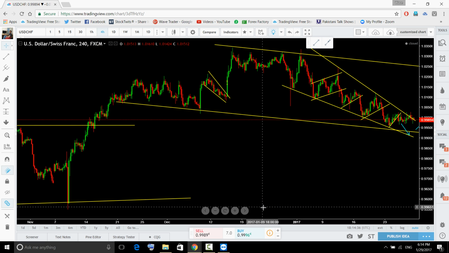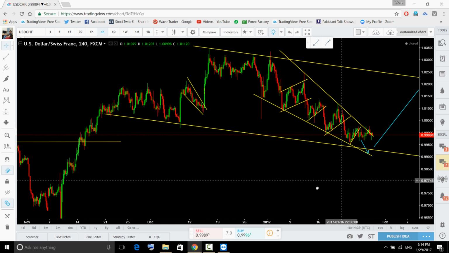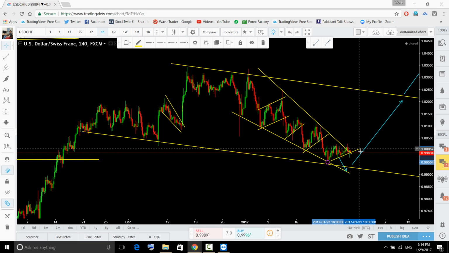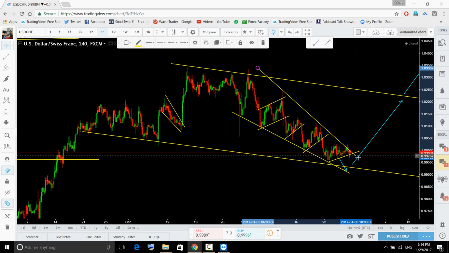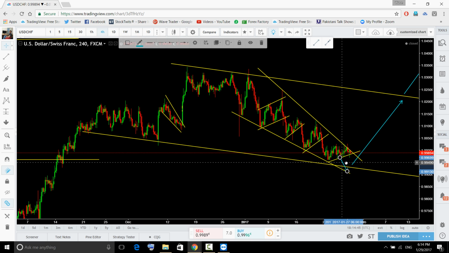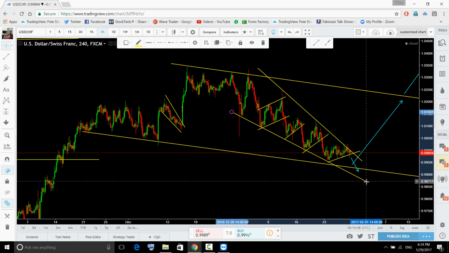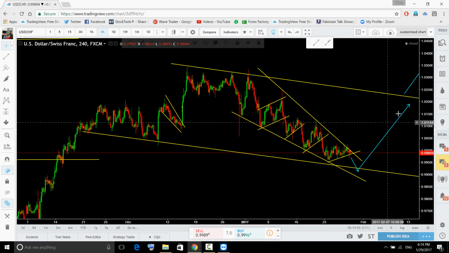So it is possible that price is going to break to the downside, not give us a move to the upside. Reason, the bigger move we are looking for is to the downside, so it can break down. So be careful when you are looking to buy on that pair.